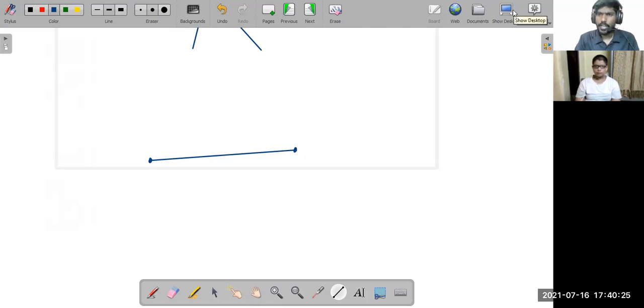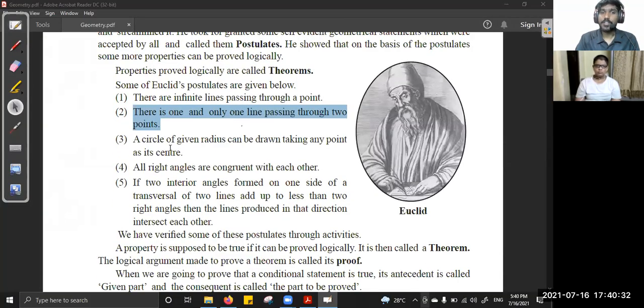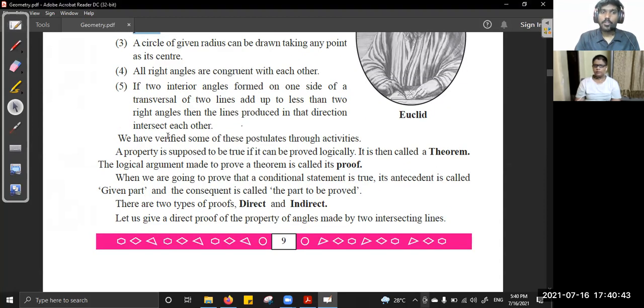Now, this also we cannot have a proper proof for, but logically, yes. There are so many other examples, and these are all called postulates. Some of these postulates can be verified by activities.